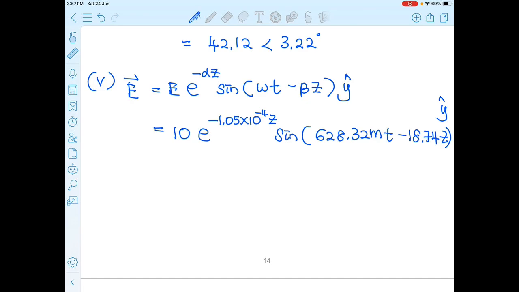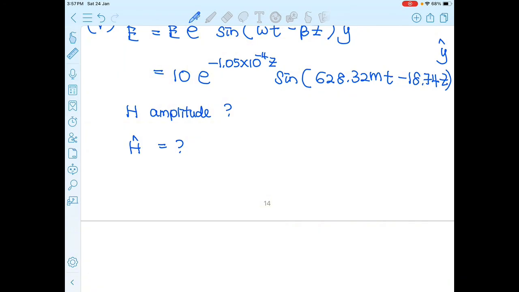For the magnetic field, it's the same thing, but you need to determine the amplitude and the direction. For the amplitude, you can use this relationship.